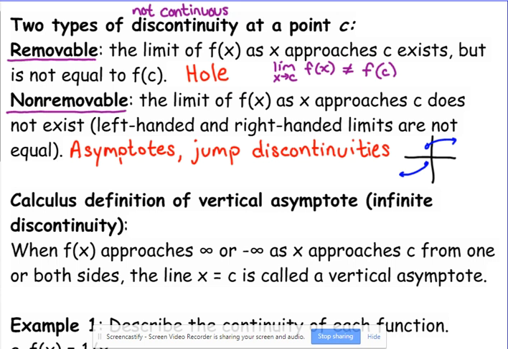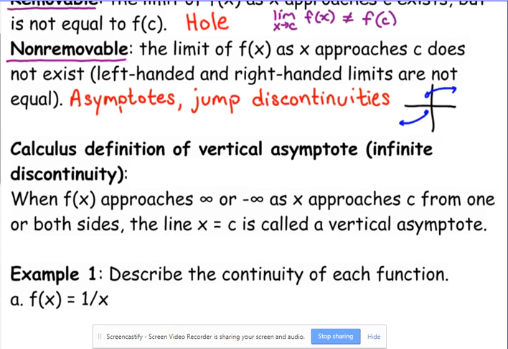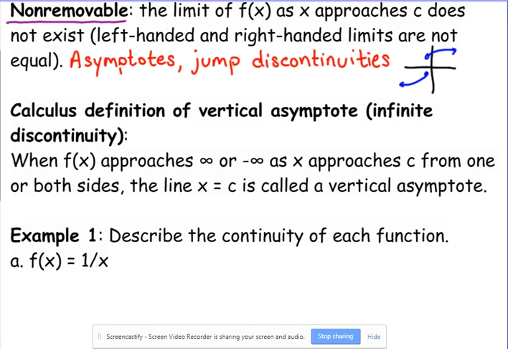Okay, we also have something called an infinite discontinuity. An infinite discontinuity is a vertical asymptote. When your function approaches positive or negative infinity as x approaches c from one or both sides, then c is called a vertical asymptote.